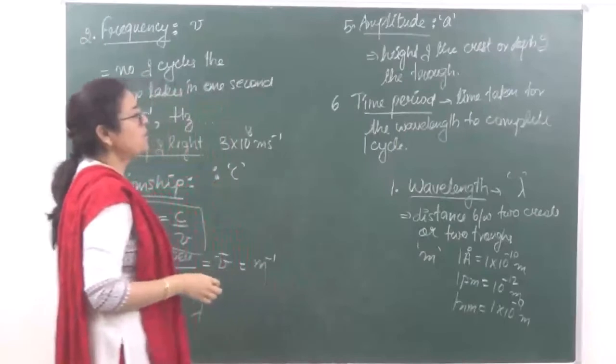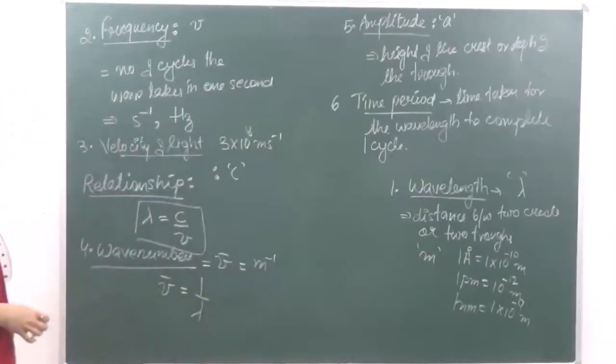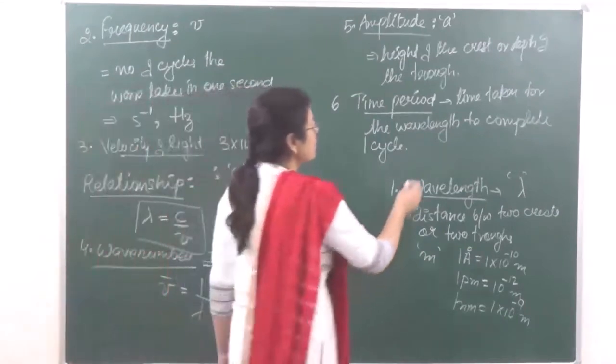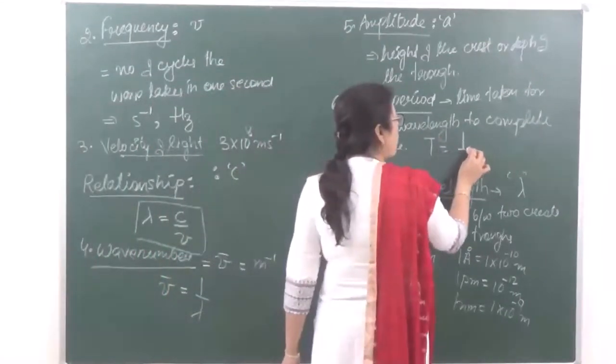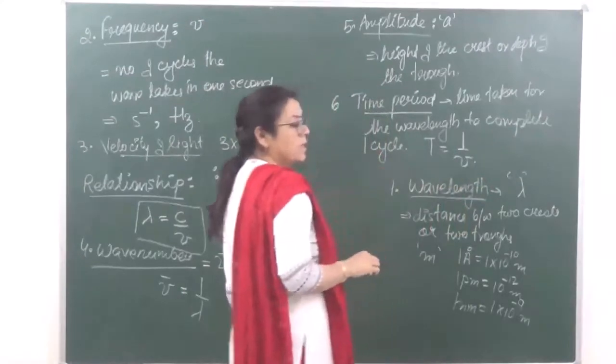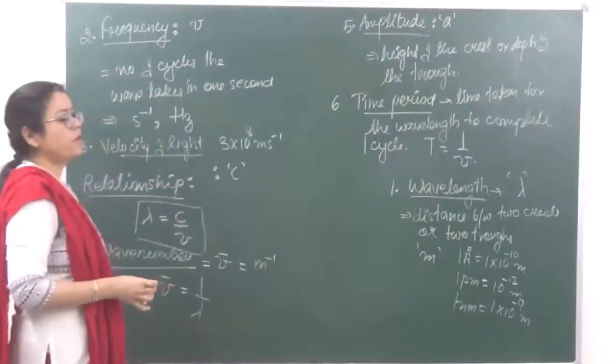Right? Time taken for the wavelength to complete one cycle, and mathematically time period is given by 1 upon frequency. It is the reciprocal of frequency.